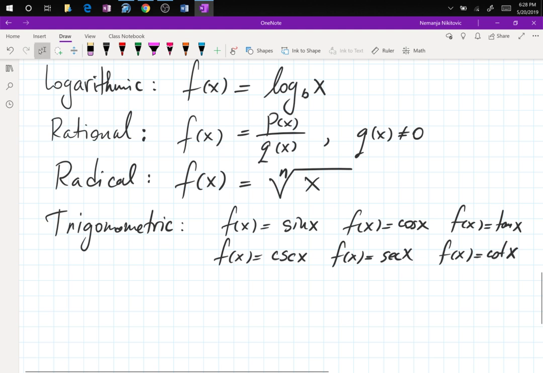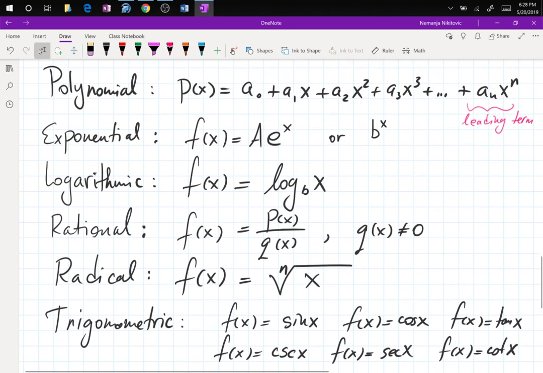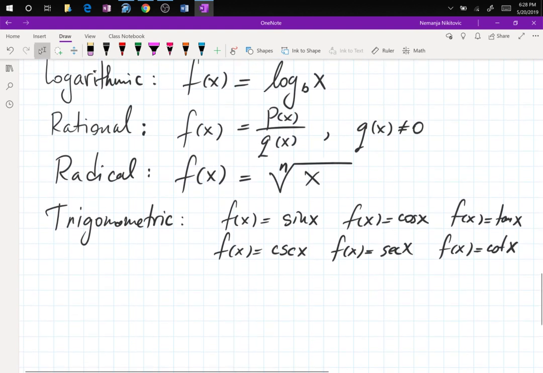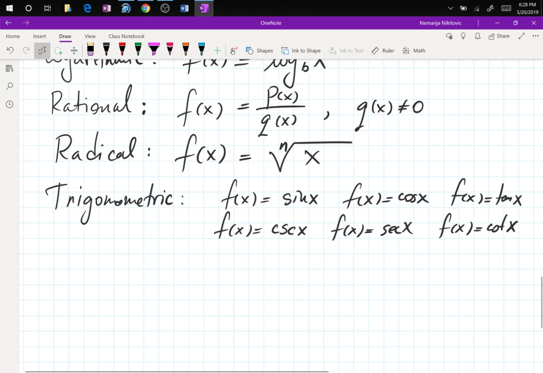And so these are the heavy hitters, all right? Then we have those that show up, but they are not there all the time. Like absolute value: f of x equals absolute value of x. We'll talk about that.